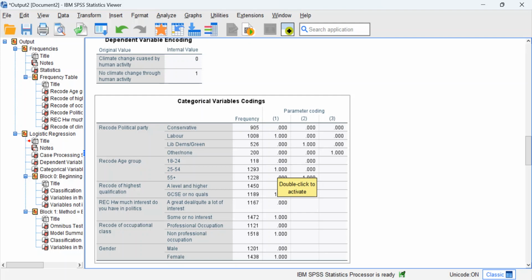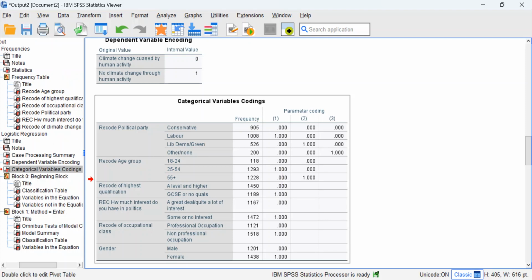The first value is for the age group 25 to 54, and this will tell us whether people in this age group are more likely to believe that climate change is happening compared to the reference group, which is aged 18 to 24. And again, the value for the category 55 and over is going to tell us whether people aged 55 and over are more or less likely to believe that climate change is happening due to human activity compared to the youngest age group.